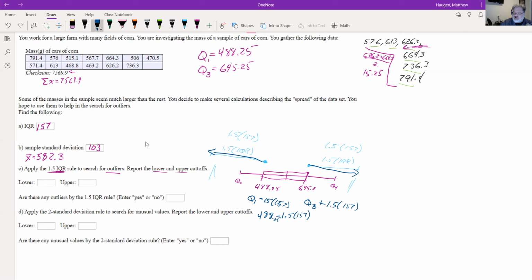That's going to give us our low cutoff. And then 645.25 plus whatever 1.5 times 157 is going to give us our high cutoff, or upper cutoff.